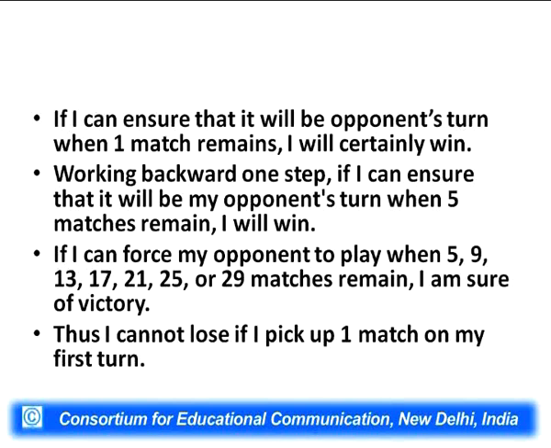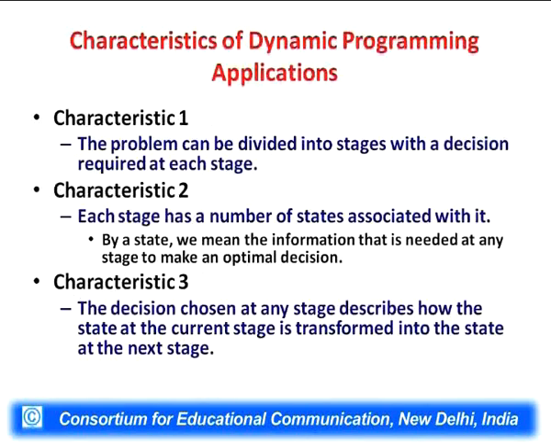Thus, I cannot lose if I pick one match on my first turn. So, if I pick the first match, then the last match will be picked up by my opponent. So, this is a way how to win this game. So, this is again a small demonstration of using dynamic programming.